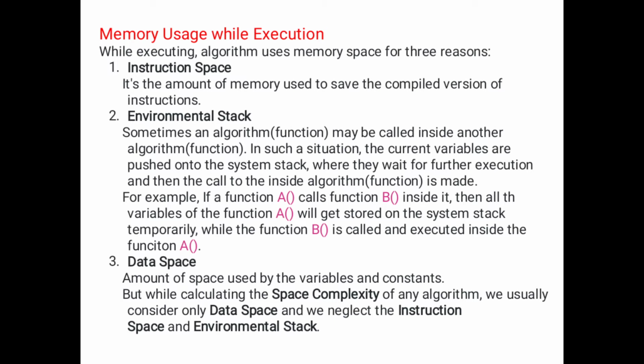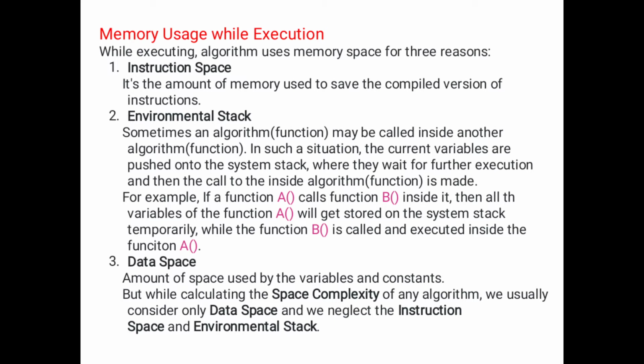So the function A() calls another function B(). Actually, where is the location of the B() function? Inside the function A(). So A() calls the function B(). At that situation, the variables of function A() are pushed onto the stack.